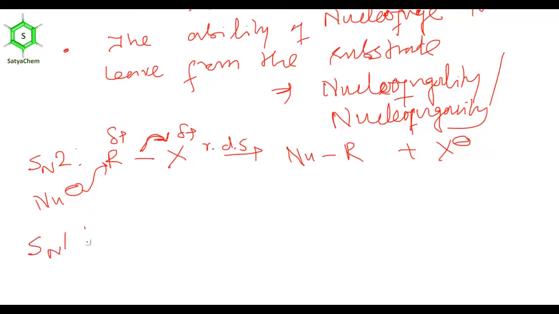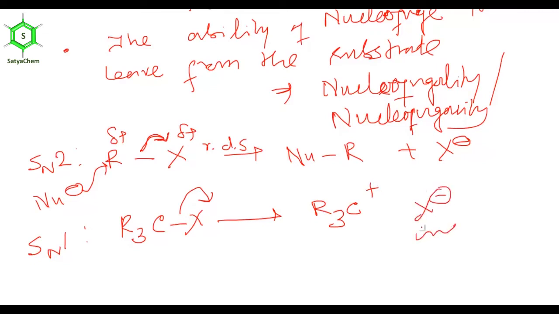In SN1 reaction, let's see what happens. It also depends on the leaving group, because the departure of the leaving group, that is the formation of the cation, is the rate determining step. So R3CX, departure of leaving group, then we are getting carbocation.